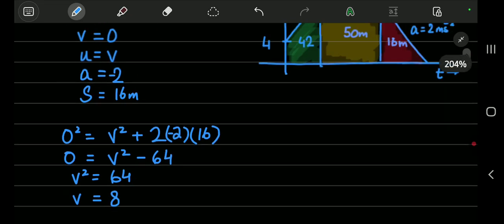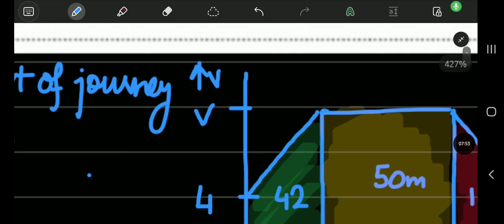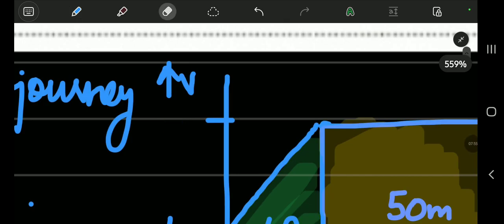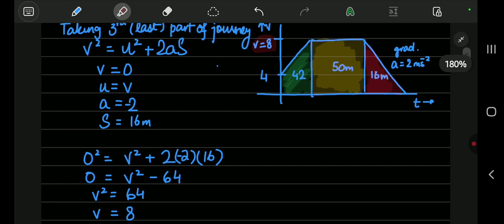So from here we got this. We'll write this to be v equals 8. Okay, this is what we found.